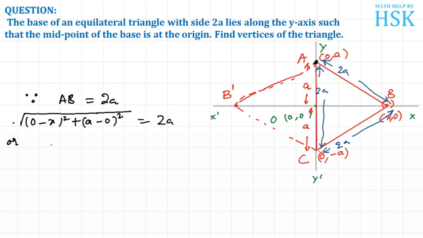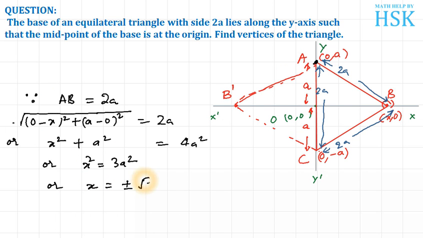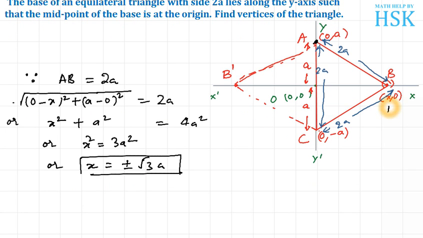On squaring both sides, the square root is going to cancel, and this becomes x square plus a square equal to 4a square. Or x square is equal to 4a square minus a square, that is 3a square, or x is equal to plus minus root 3a.